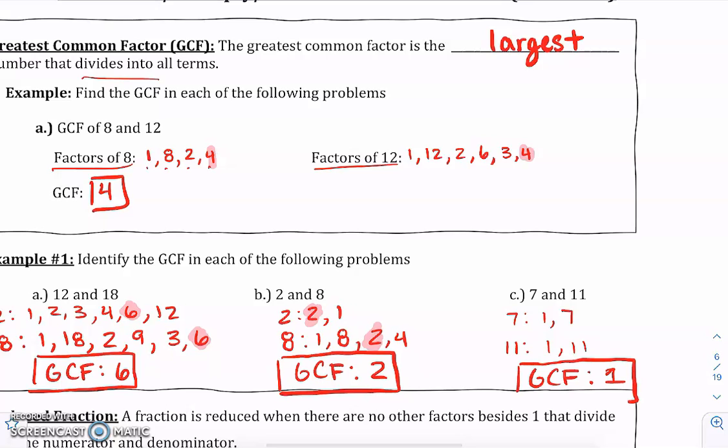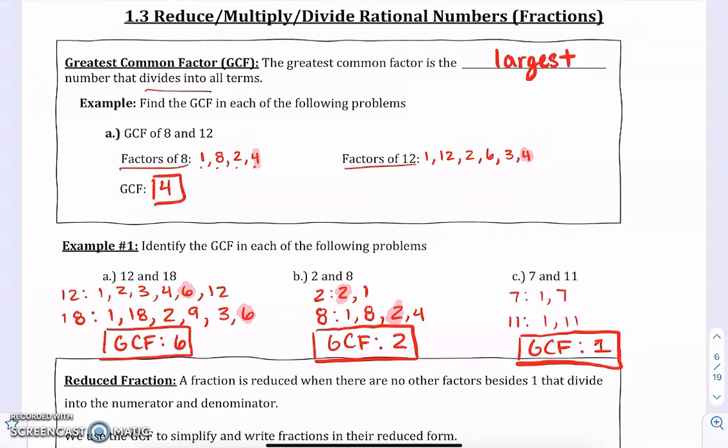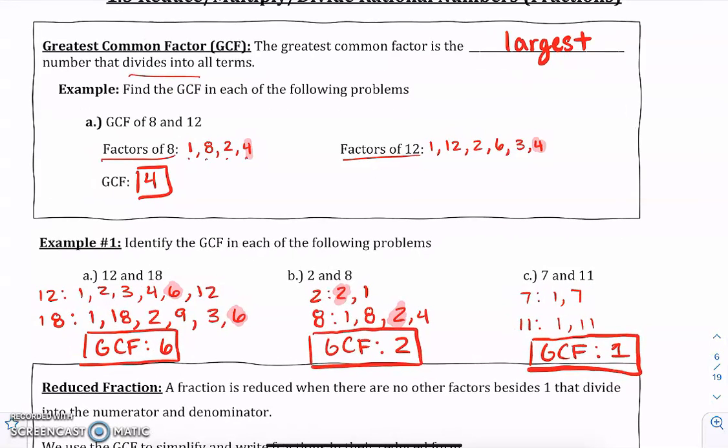So if you were trying to reduce these two numbers, you really couldn't, because nothing other than 1 is common with them to divide, and it wouldn't change their value. That is just the case sometimes, but you have to know that in order to know if you need to do anything or if you're okay as far as reducing goes.